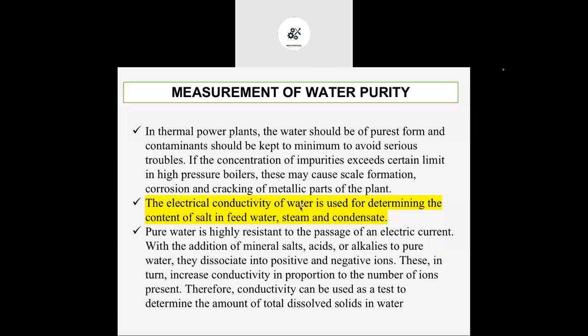So by using this property, the electrical conductivity of the water, we can measure the water purity, that is, how much salt has been dissolved into the water. If that dissolved salt level is very high, we have to reduce it below the prescribed limit. Whenever the amount of dissolved salt increases, the conductivity increases, and that increase in conductivity is proportional to the number of ions present.